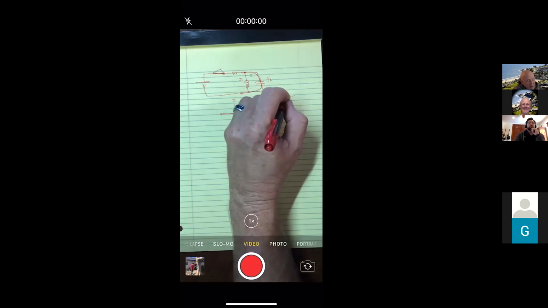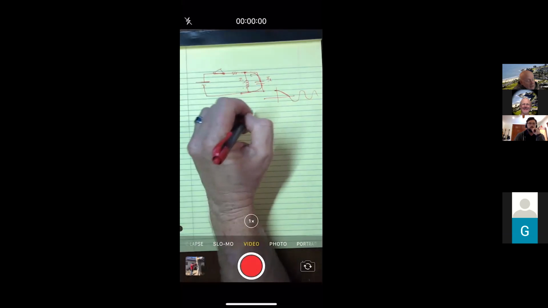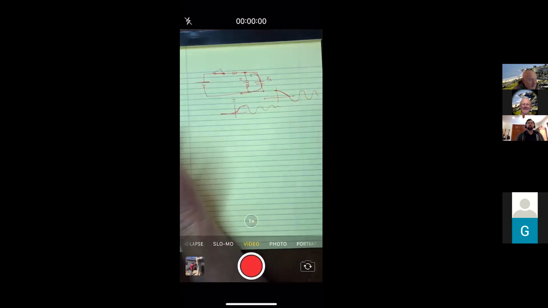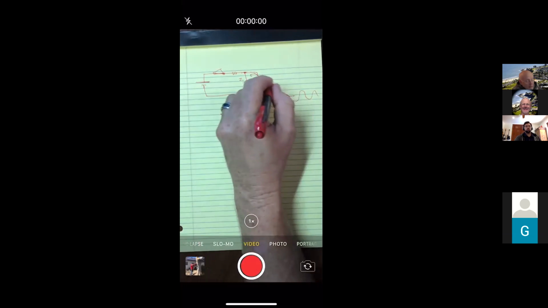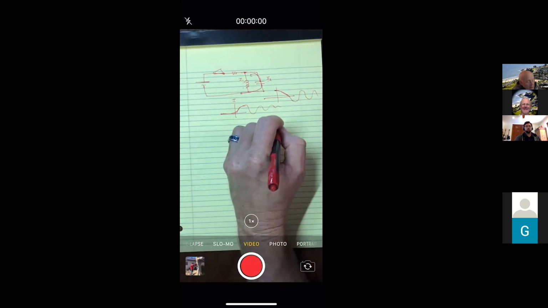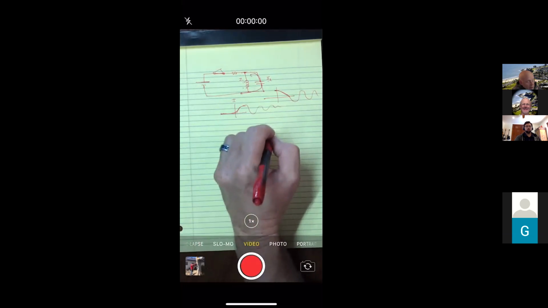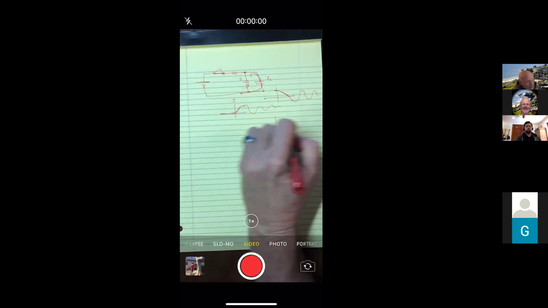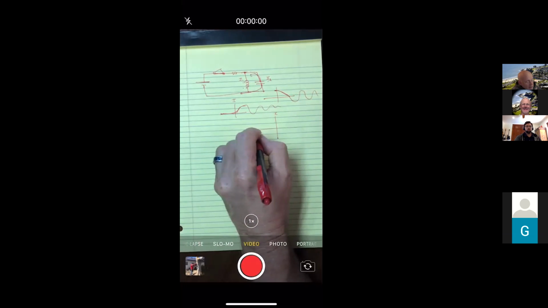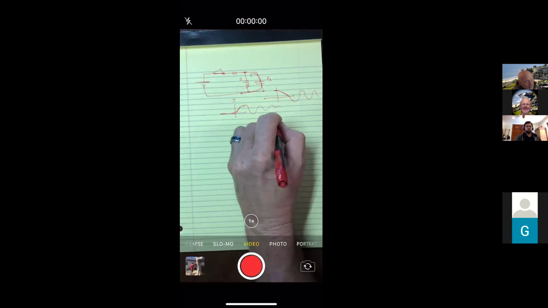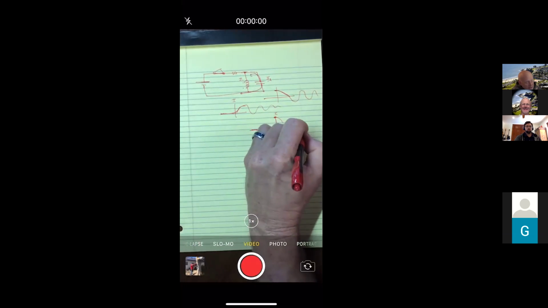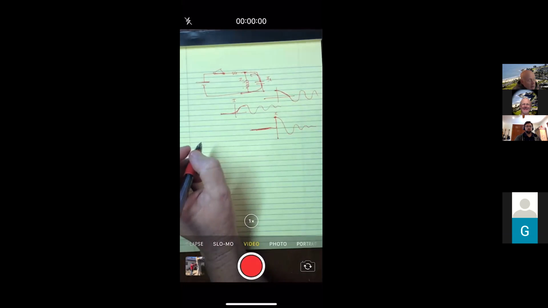So the current would not only do this, but it would go negative and it would begin to oscillate. And ultimately, on the capacitor, you would get 0 current. So it would look something like this. On the capacitor, it would go 0 current, pop up to some big value, then oscillate and decay away to 0.